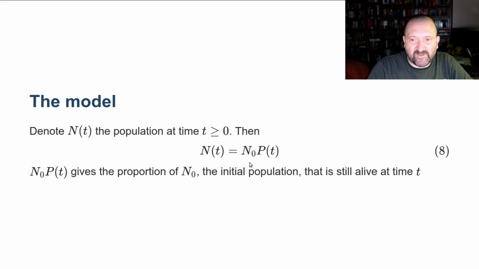So the model is this very simple model here. P of t gives the proportion of n0, so n0 P of t is how much of the initial number n0 are still alive at time t.